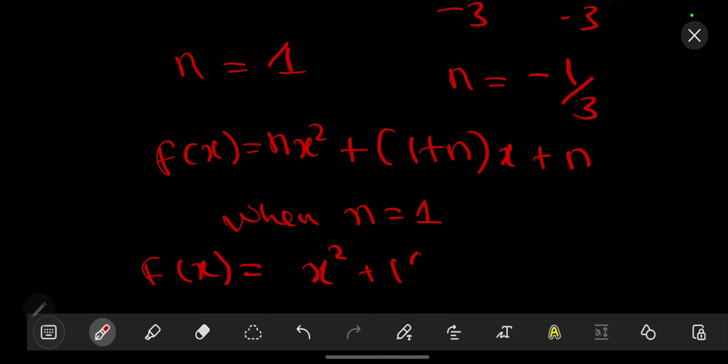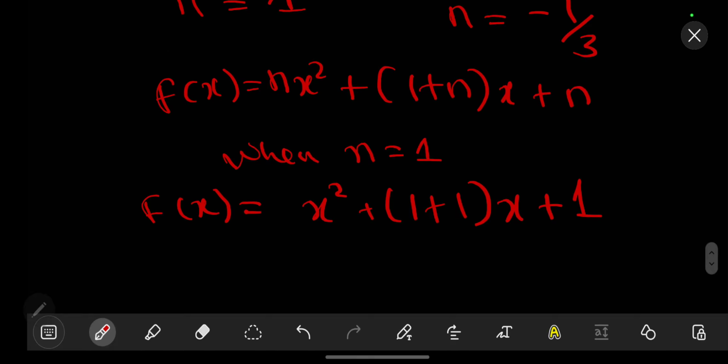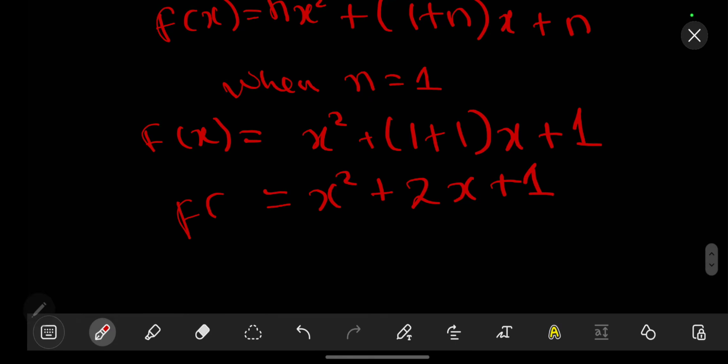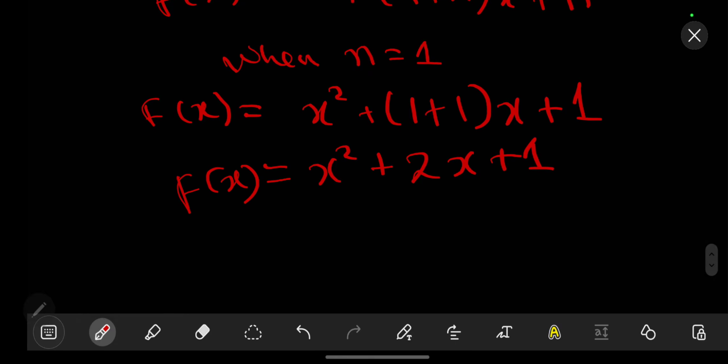Then plus 1 plus, where there is n we put 1, then we have our x plus 1. So it will be x squared plus 1 plus 1 is 2, then outside there is x plus 1. So this is how we go about that one, when n is equal to 1, that's our value.